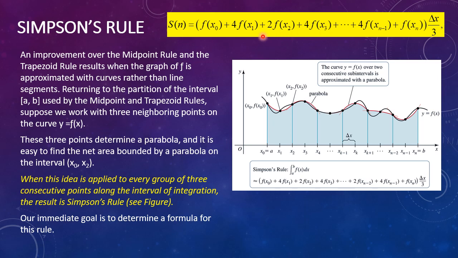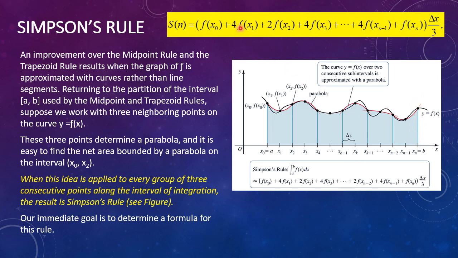And then it keeps going back and forth between 2 and 4 until you get to the very last value. So again, here what you're doing is the very first x sub value has a multiplier of 1, as does the last one, f of x sub n, which has a multiplier of 1.